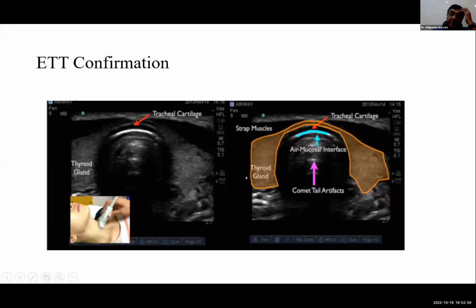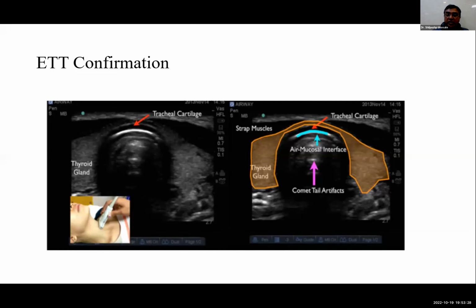It has been validated for use of endotracheal tube confirmation, and like I said, when you have the tube coming into the trachea, there is loss of this snowstorm, and this loss of snowstorm is confirmatory for endotracheal intubation. And if there is no bulging of the esophageal opening, that means you are in the trachea, and this can be used real time.